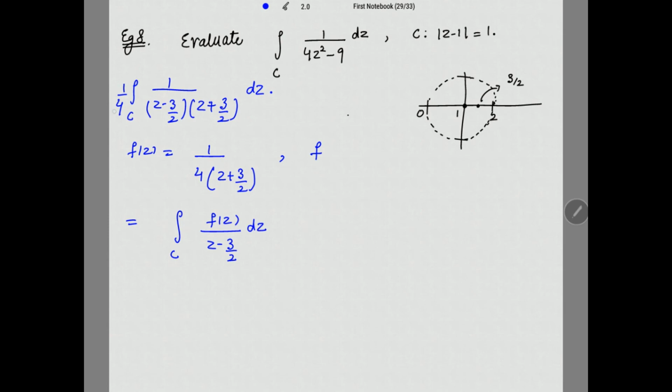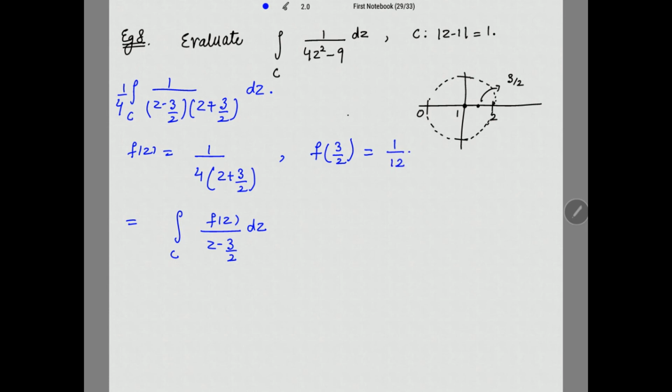My f(z) is 1 over 4 (z plus 3 by 2), and that is f(z) over, now the remaining only z minus 3 by 2 is there. Okay, so now we need f of 3 by 2, and f of 3 by 2 comes out to be 1 over 12.